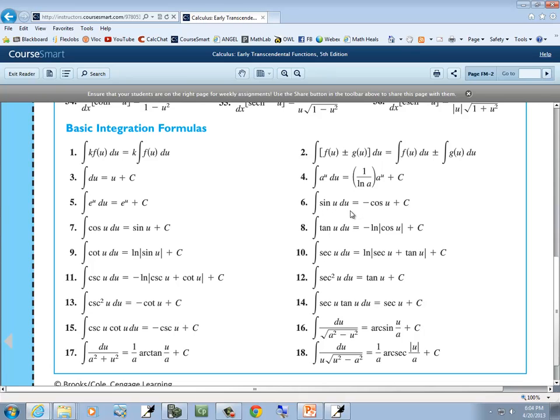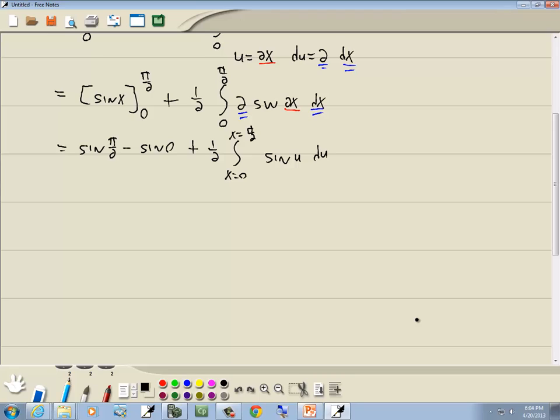It's number 6. Okay, back to my first part. Sine of pi over 2 is 1, minus sine of 0, which is 0, plus 1/2. The integral of sine is negative cosine u from x equals 0 to x equals pi over 2.